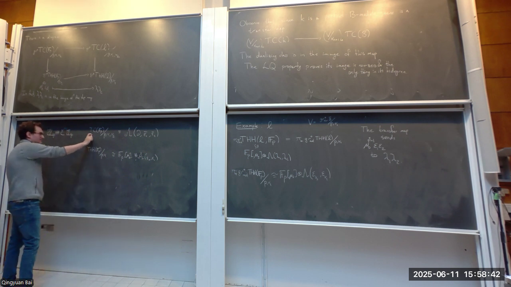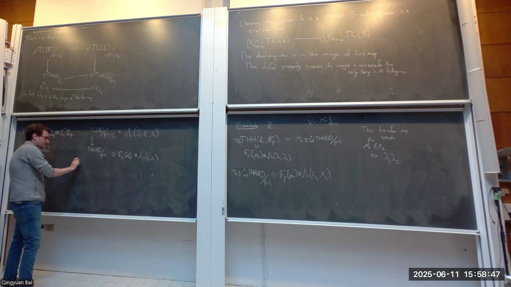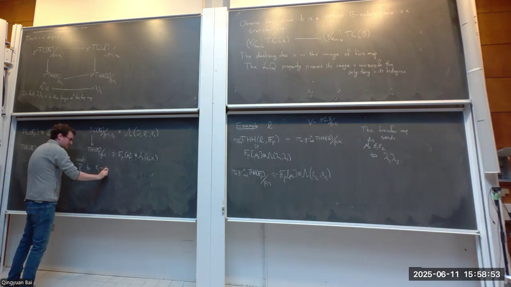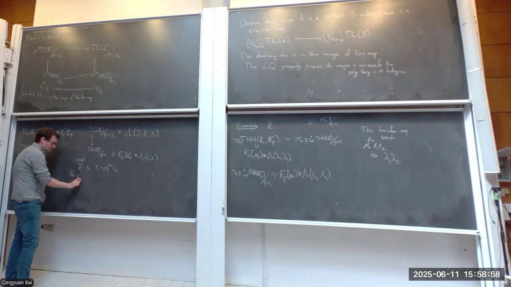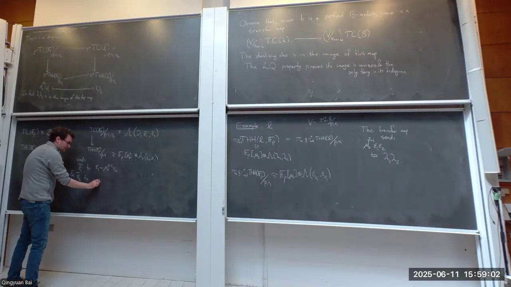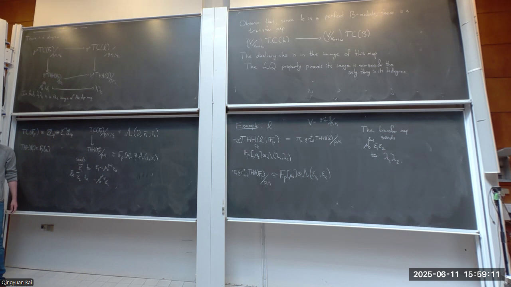And then the map from TC to THH sends epsilon 1 bar to epsilon 1 minus 0 to epsilon 0, epsilon 2 bar to minus 0 to p. So this map does something interesting. And that's kind of the point.